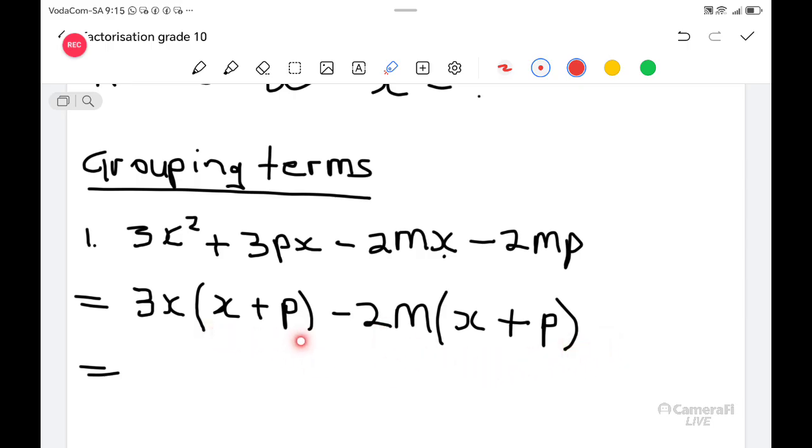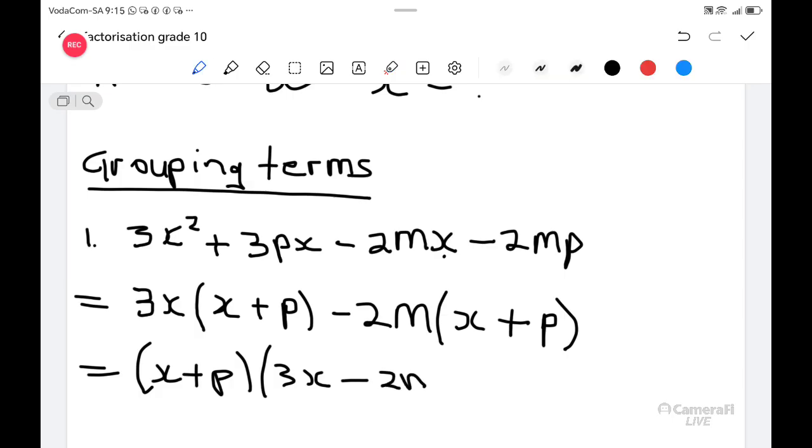We can see it's x plus p, x plus p. We take out that x plus p using the knowledge of common factor. Then if we took out the common factor here, we are left with 3x. So we write 3x here. What about this side? If we take this one out, we are left with -2m. So we will write -2m.